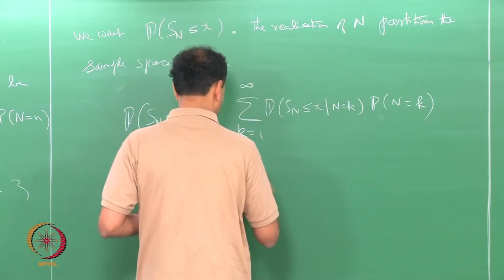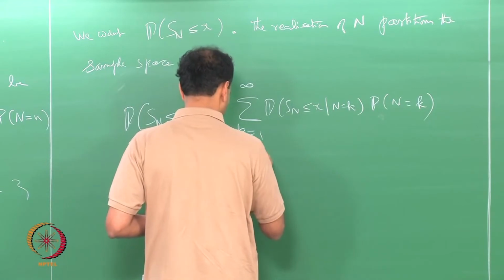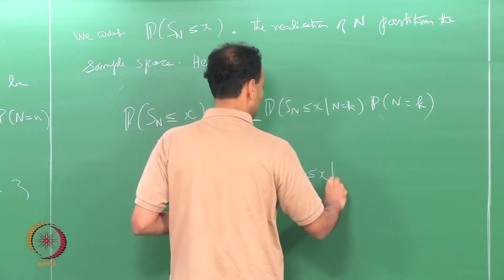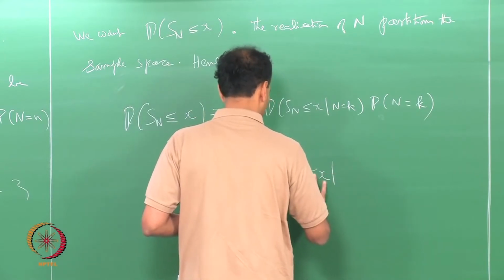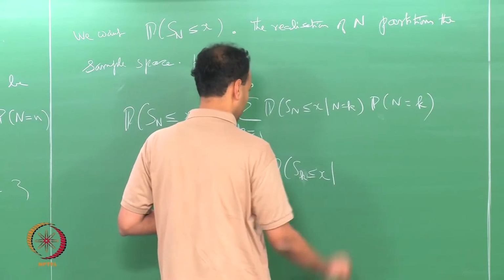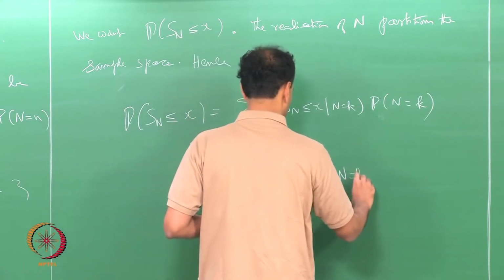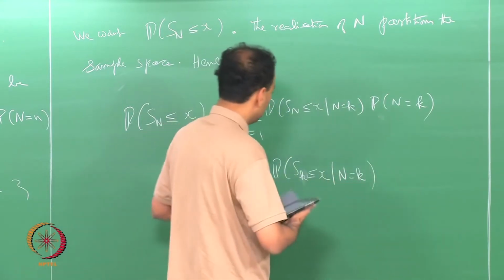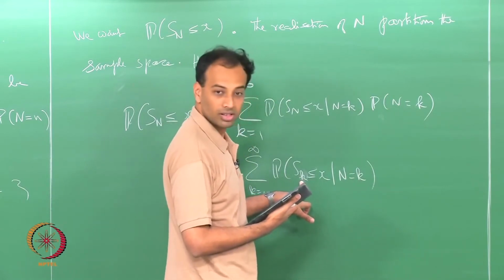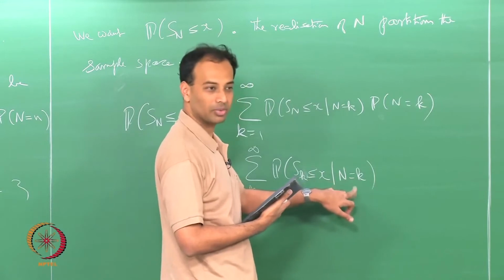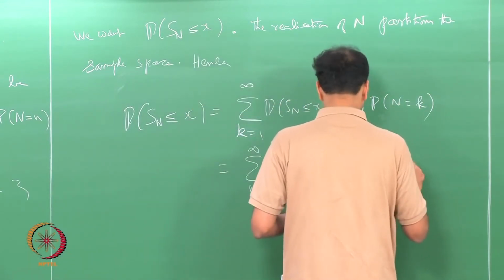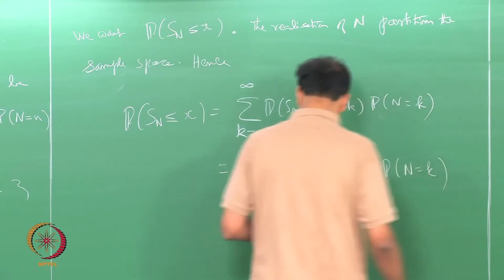So let me write this properly. This is equal to the sum over k equals 1 through infinity of probability S_k less than or equal to x given N equals k, because I have just put N equals k here since that is what I am conditioning on, times probability N equals k.